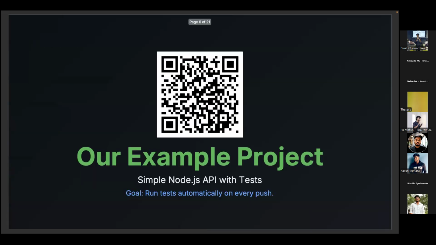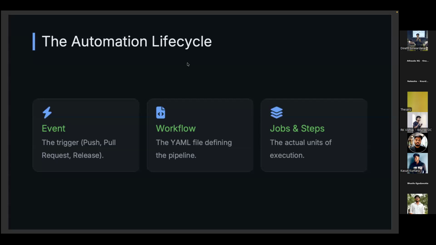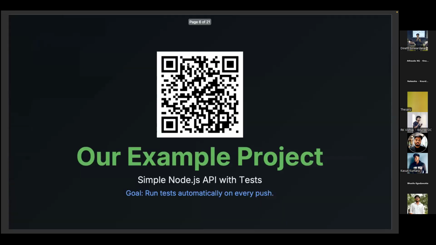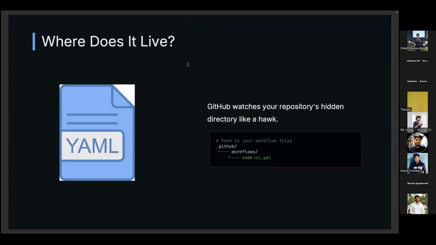We talked about that workflow file, right? When it comes to GitHub Actions, we store the workflow file inside the .github folder. Under that, we have a workflows folder, and inside that we can add any name with a YAML or YML extension.